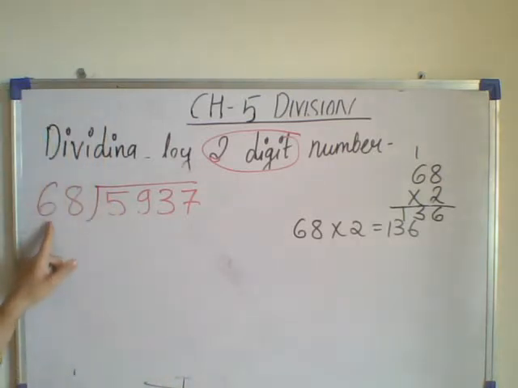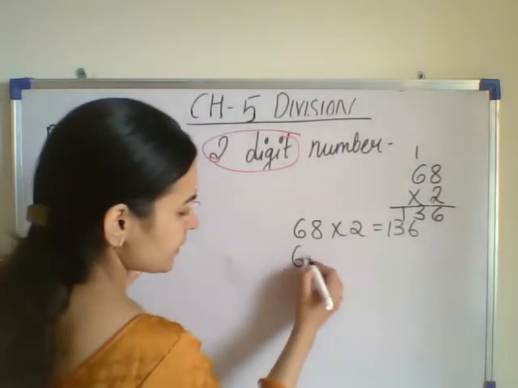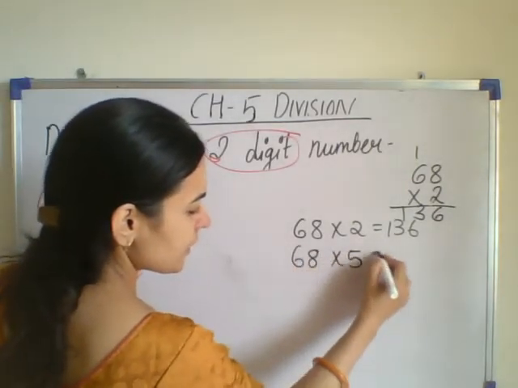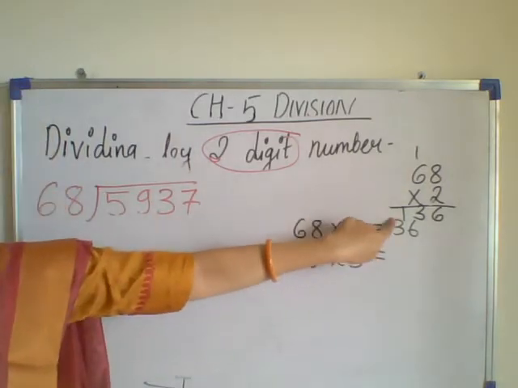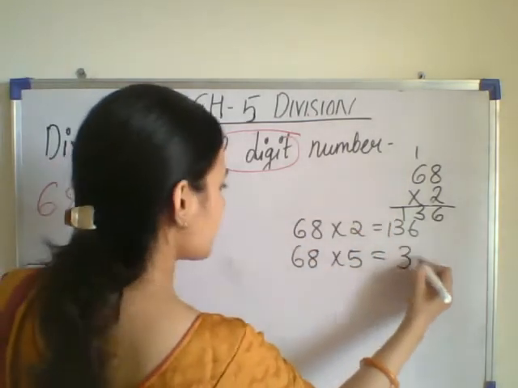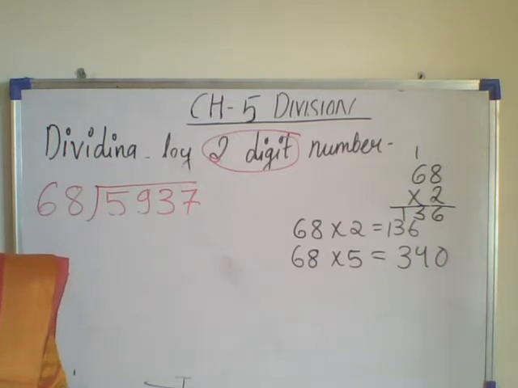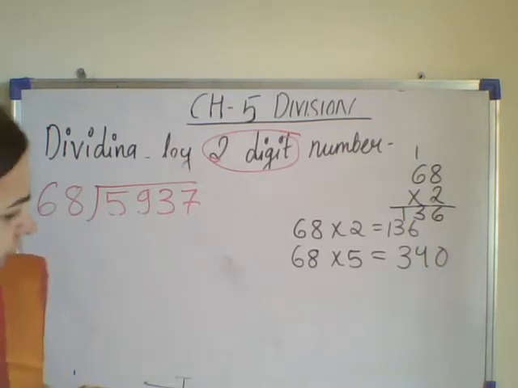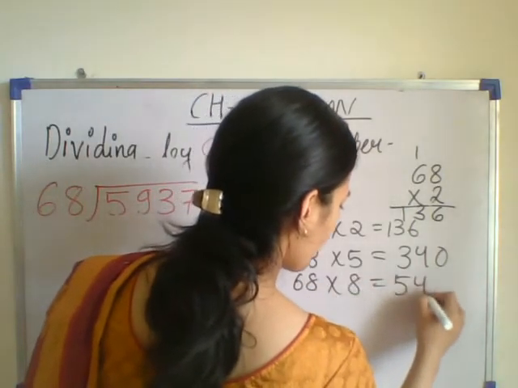Now let us do this multiplication. 68 5s are 340. 68 8s are 544.